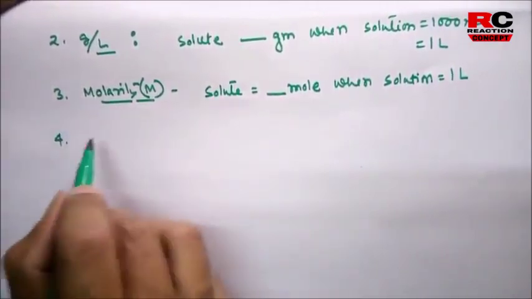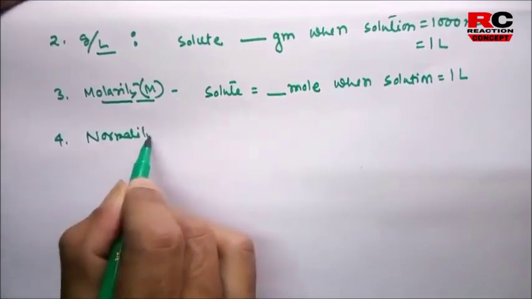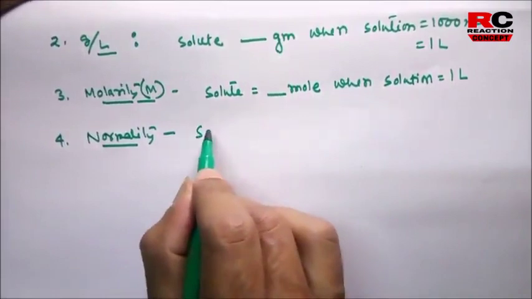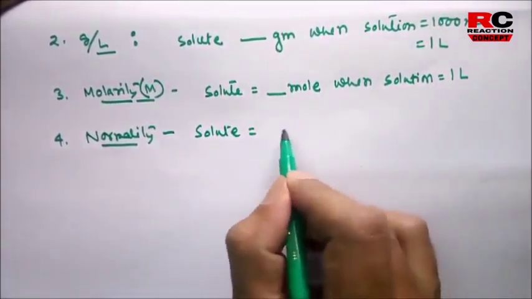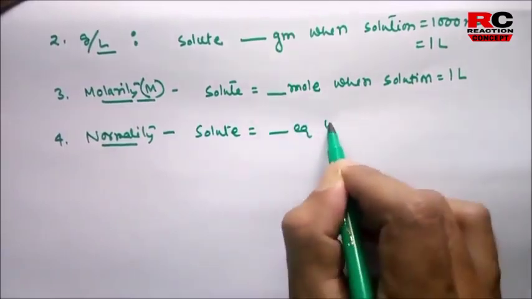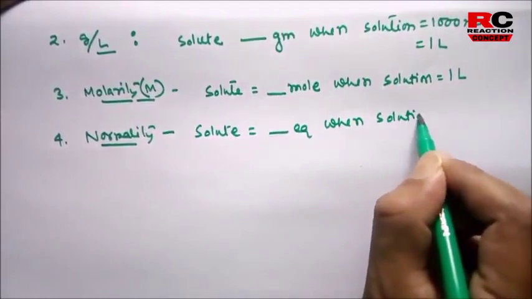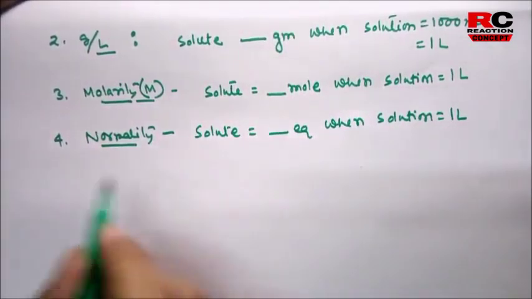Number 4, it is normality. It is the amount of solute in terms of number of equivalents in a solution of volume 1 liter. So this is the normality definition.